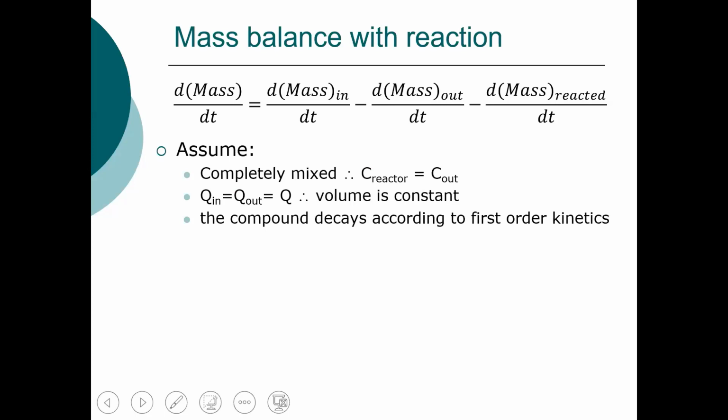So we have our mass balance equation. Again, we'll assume a completely mixed reactor, so we have the CSTR. So the concentration in the reactor is equal to the concentration leaving the reactor. We'll assume that the volume is constant, and we'll assume that the compound decays according to first order kinetics. So our K will have units of inverse time.